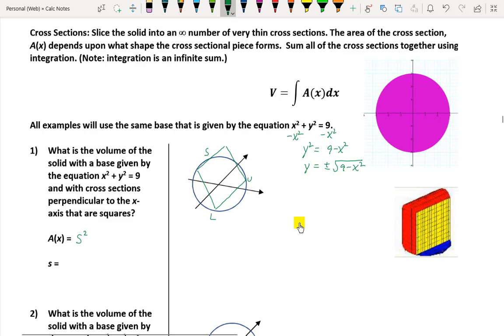So the upper part of our function above the x-axis, u, is going to equal the positive square root of 9 minus x squared, and the lower part of our function is going to equal the negative square root of 9 minus x squared.